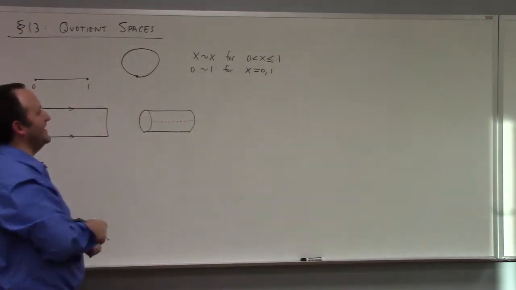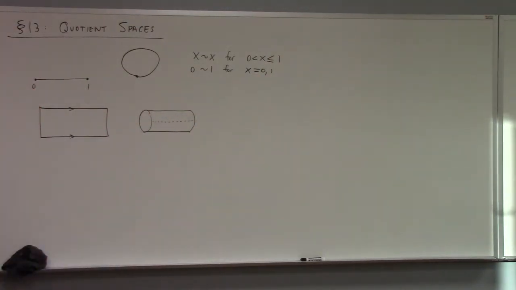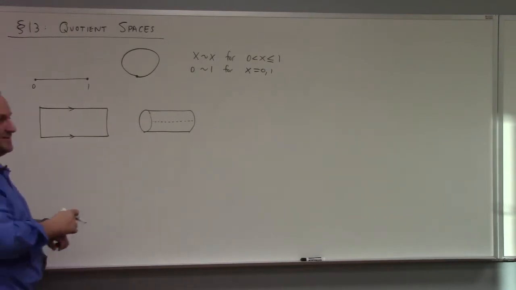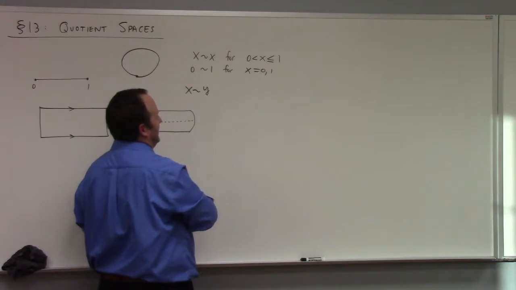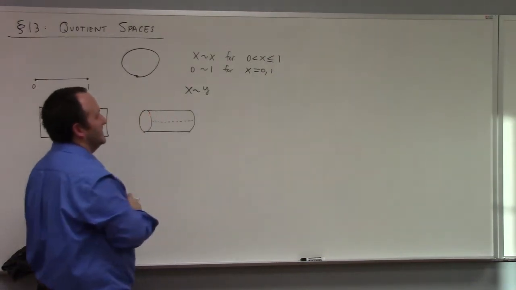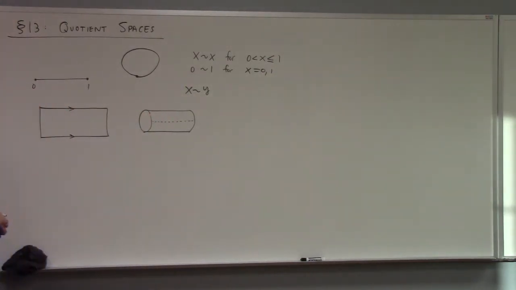Okay, so then you're like, I've defined reflexivity, but 0 is not. And then how about symmetry? If x is related to y, then what's the deal?